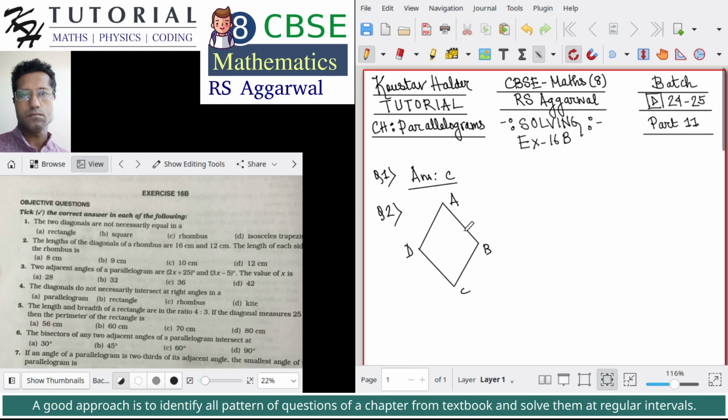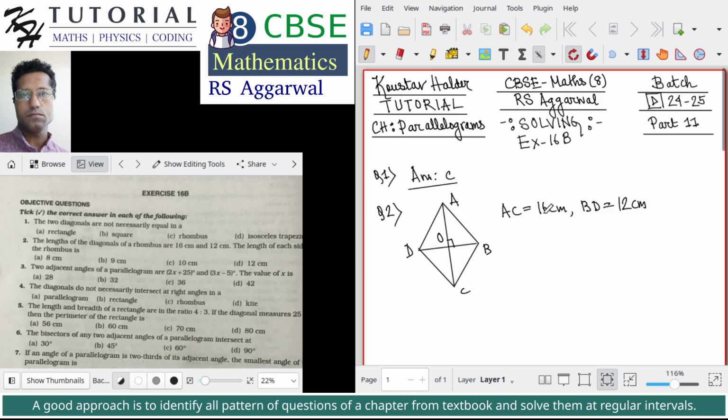One is 16 centimeter and other one is 12 centimeter. We know in a rhombus, the diagonals AC and BD will bisect each other at right angles. So this will be right angle. Let's say they are bisecting at the point O. So it is given that AC is equal to 16 centimeter and BD is given to be 12 centimeter.